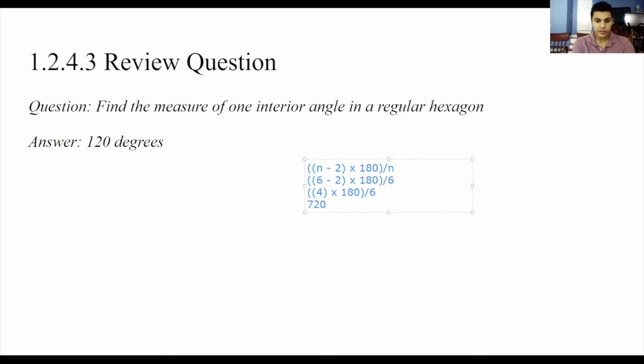And then you just have to divide by 6. Because now you have the total number of degrees in the shape, and you're dividing by the total number of angles to find the total number of degrees per angle, because all of the angles have the same measure. If you divide 720 by 6, you get 120 degrees for the measure of an interior angle.